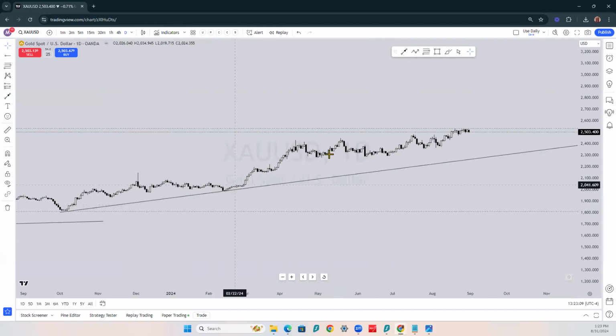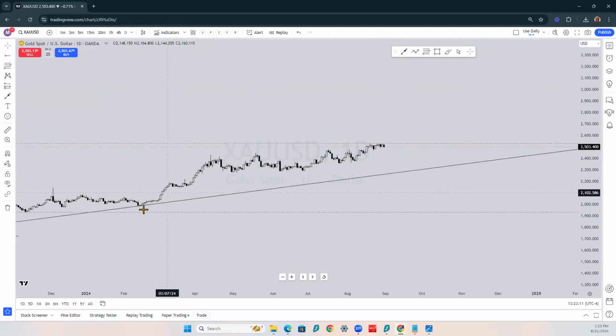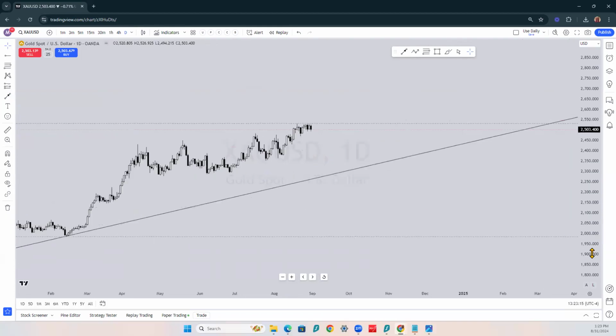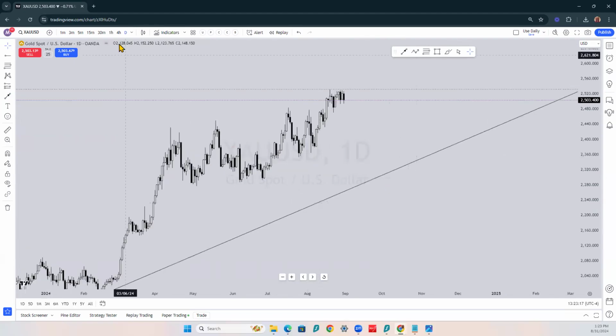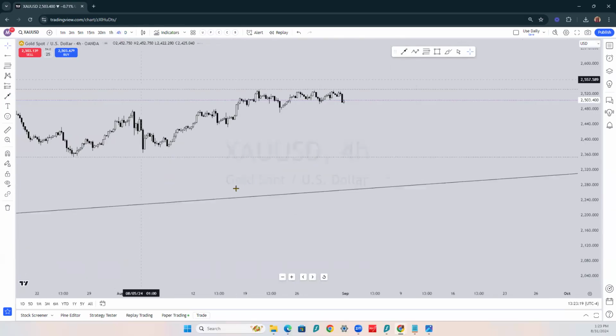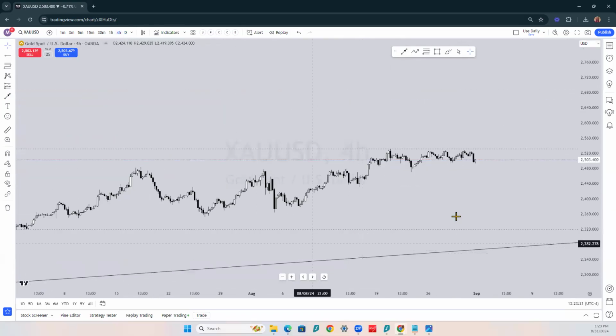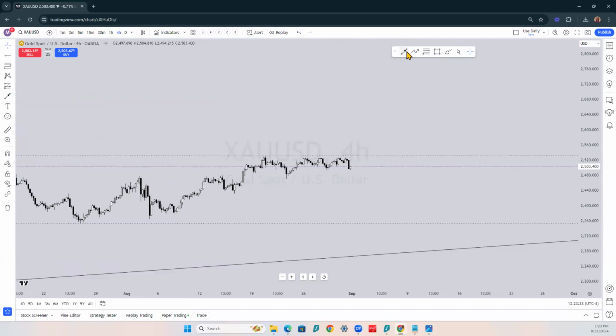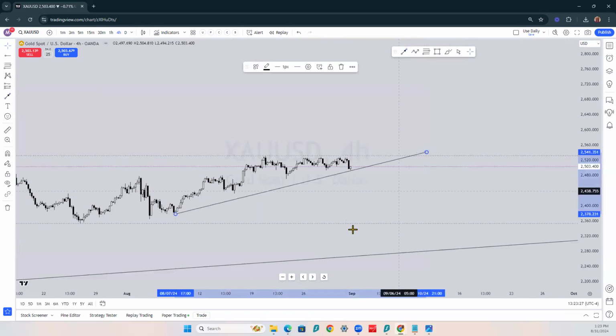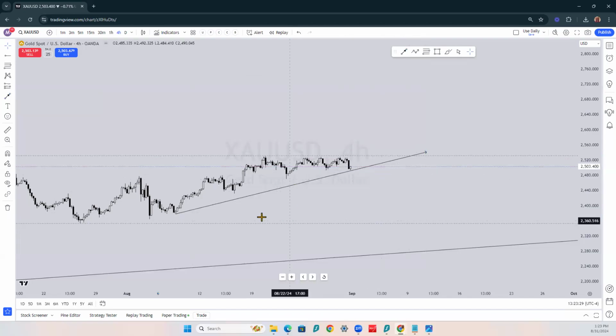You notice that it's still an uptrend. So all we're going to be waiting for is an opportunity to jump into the market, right? Now, go down to the 4 hour. We're still in an uptrend. You just got to continue to confirm that with yourself. Still an uptrend, right? Go down to the hour.